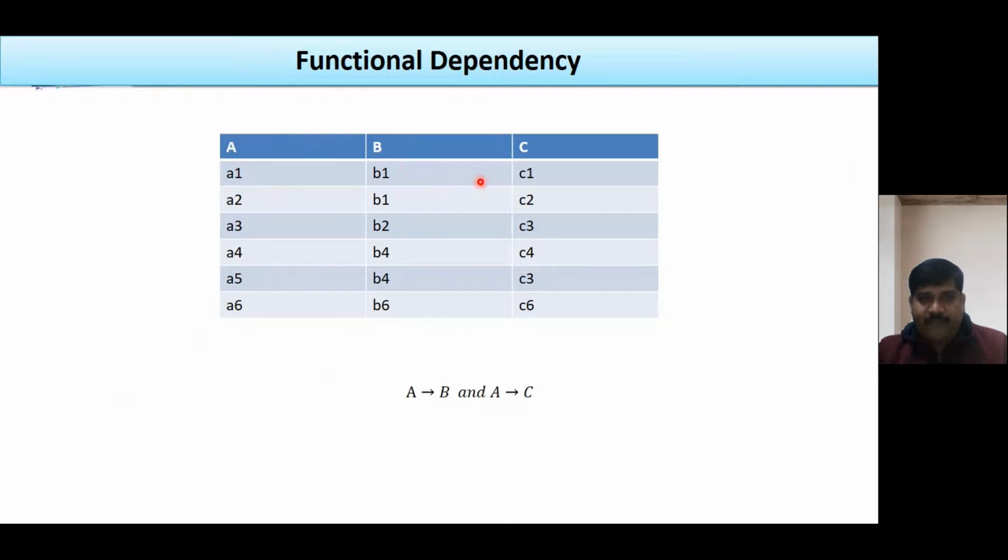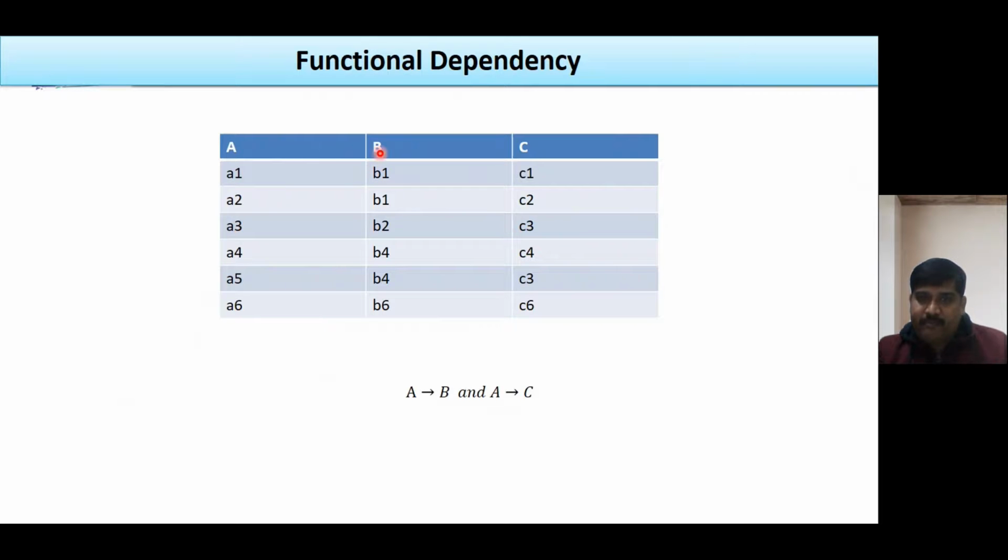And here in the whole table, if we consider attributes A and C, then there is no tuple where two tuples agree on their A value. So there is no need to check the C values.